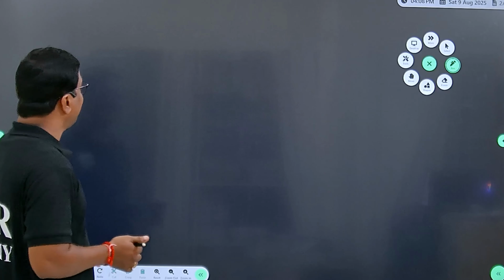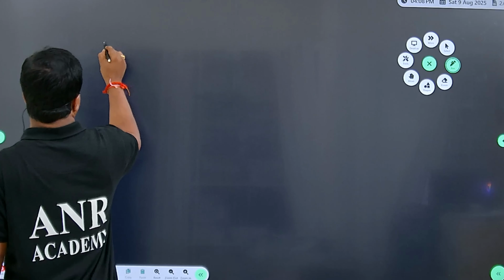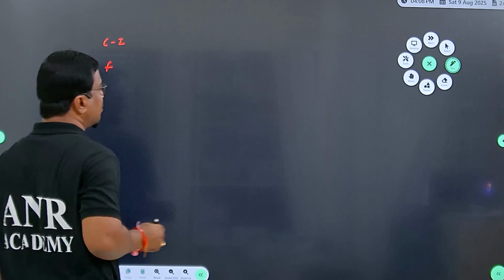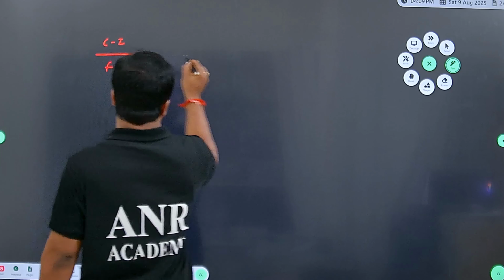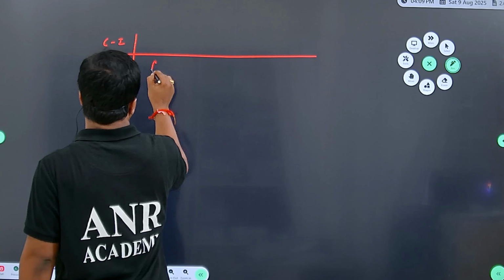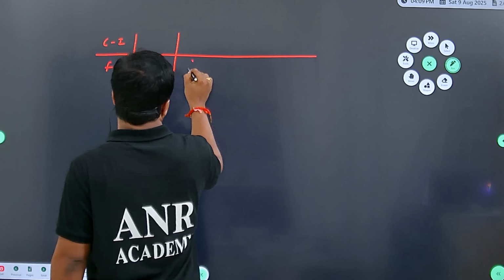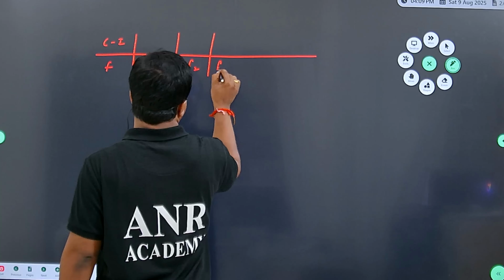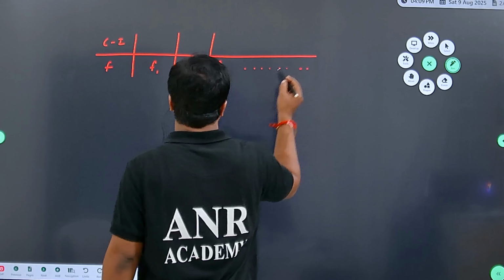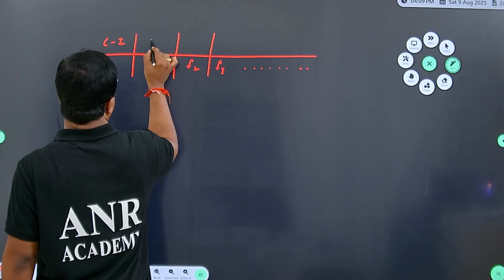Suppose that class intervals are given and corresponding frequencies, suppose f. In general, f1, f2, f3 and so on, these are frequencies of intervals.